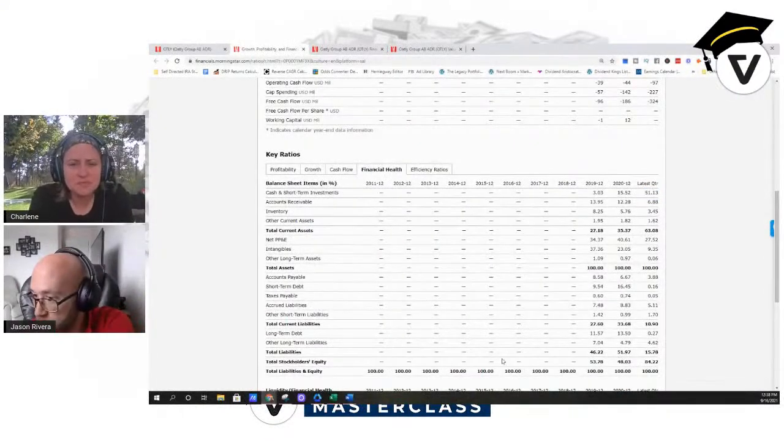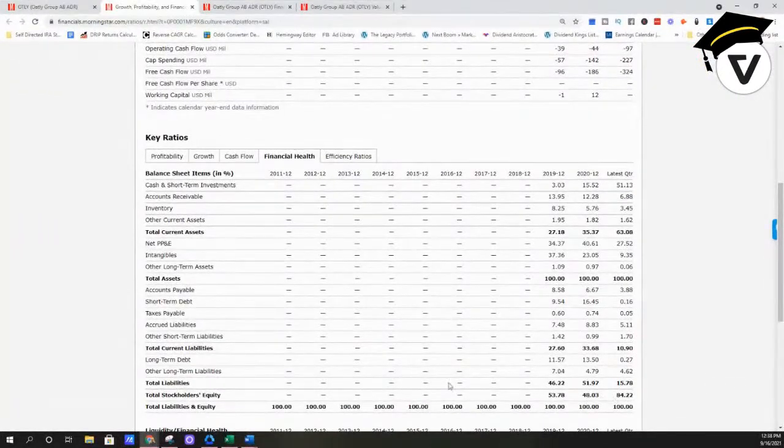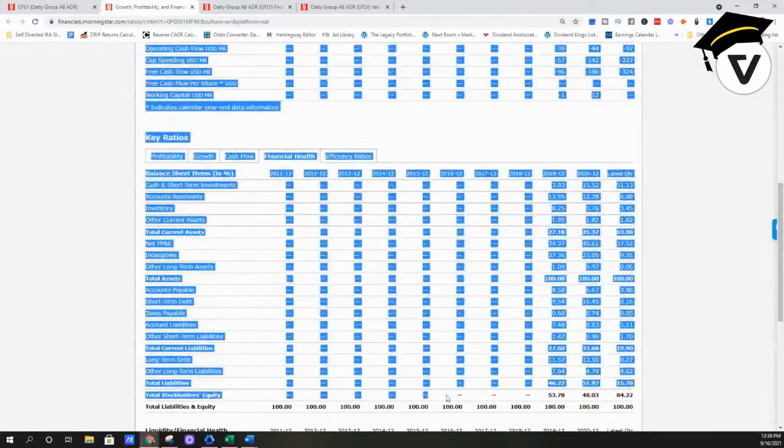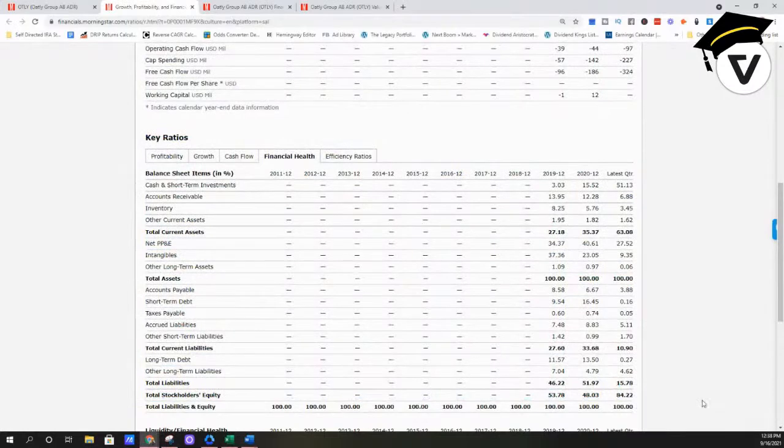Okay, so semi-important number down here. We already looked at the debt. They have 84.2% of their balance sheet in total stockholders' equity. This is total assets minus total liabilities. This is also known as book value. Typically, the higher this is, the healthier, quote unquote, the balance sheet is.